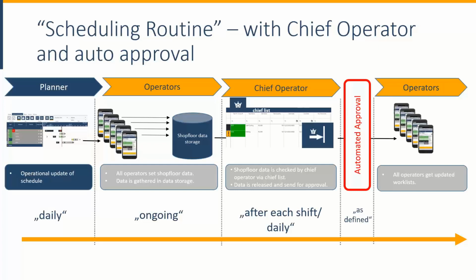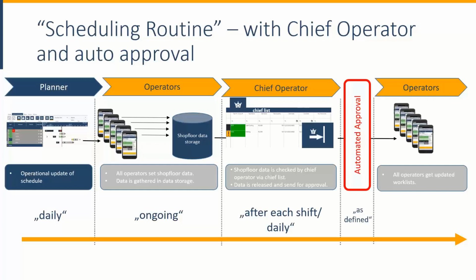So why a chief operator? In bigger companies, it might be the case that planners are too far away from the actual shop floor process to be able to ground check the shop floor data. So then it makes more sense to appoint one person that works on the shop floor or very close to the shop floor and give this person the task to make a final check of the entire data set before it can be approved.